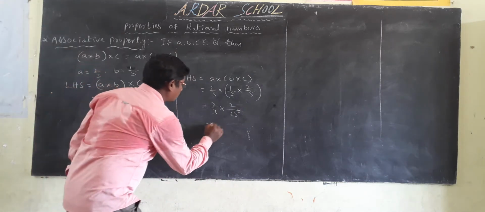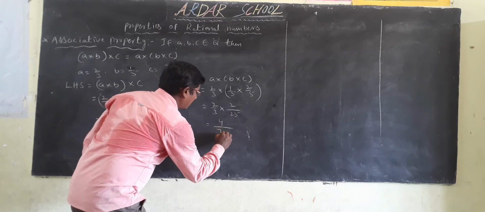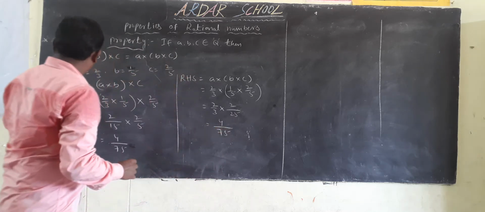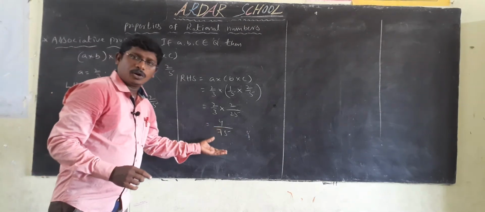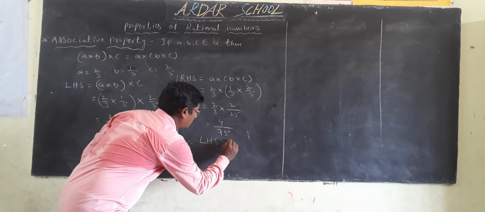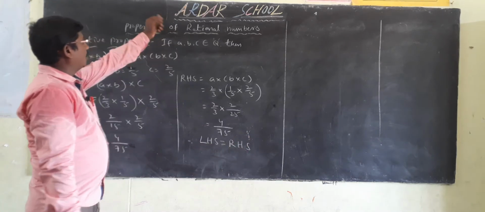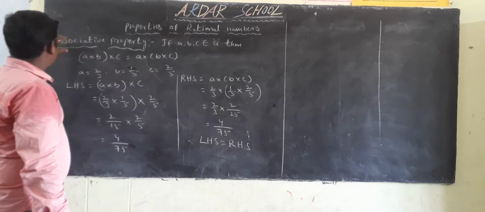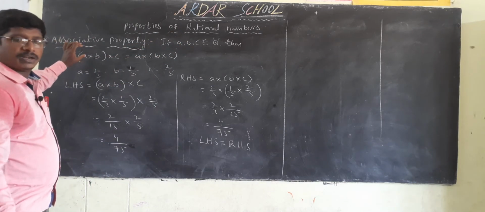That is equal to 2 2s are 4, 3 25s are 75. So LHS is 4 by 75, RHS is 4 by 75. That is, LHS is equal to RHS. So the rational numbers satisfy the associative property under multiplication.